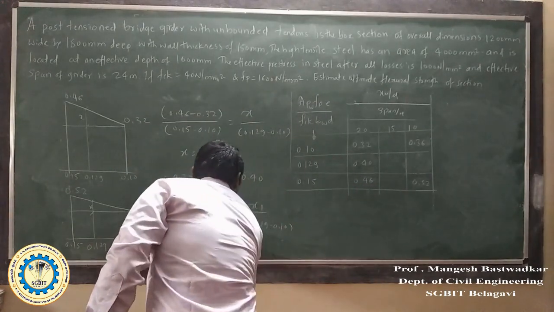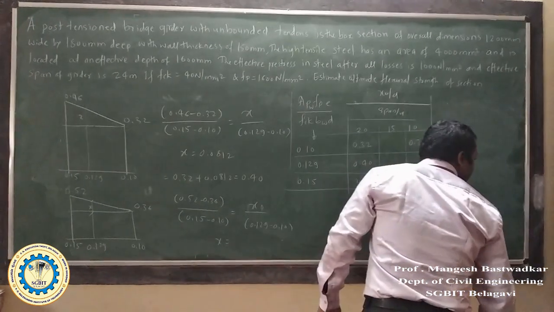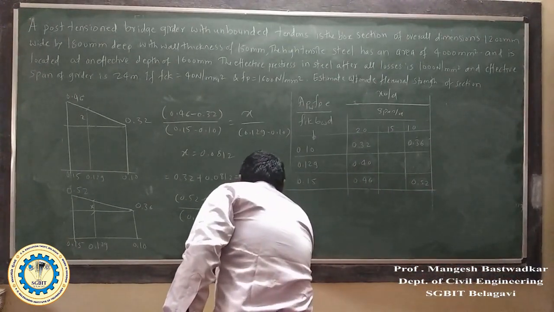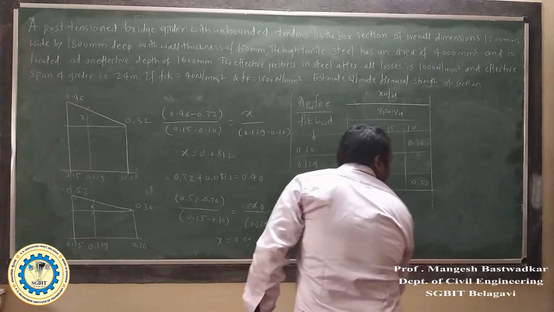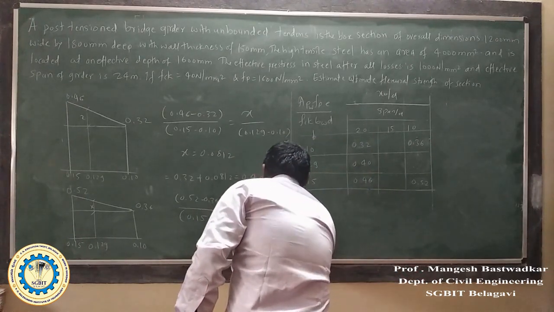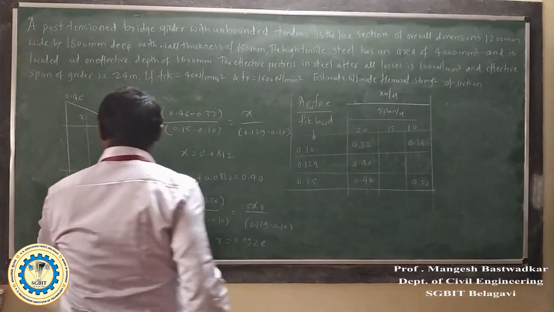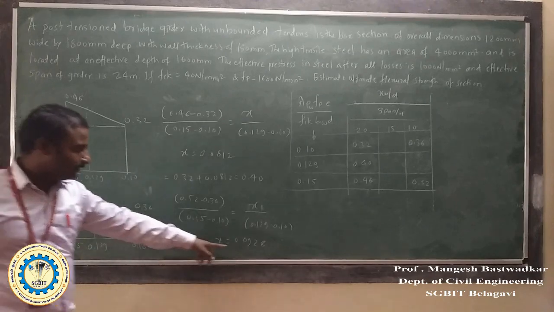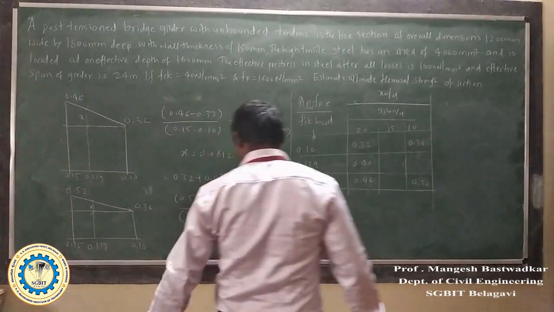So the x value from this we have got is 0.0928. Then this value we required here, so we will add 0.36 plus 0.0928.